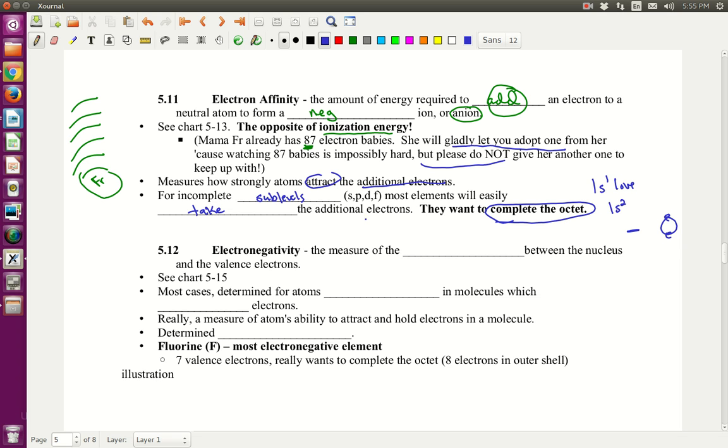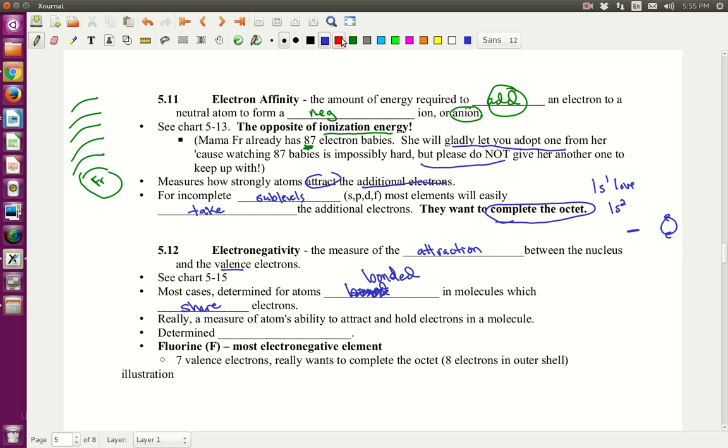Okay, electronegativity is the measure of the attraction between the nucleus and the valence electrons. In most cases, it's determined for atoms bonded in molecules which share electrons. So we're talking here about covalent molecules, things that are sharing electrons, and we'll learn more about that later.